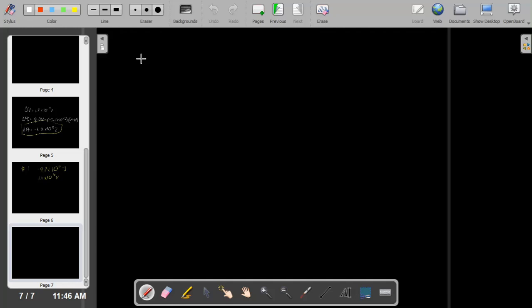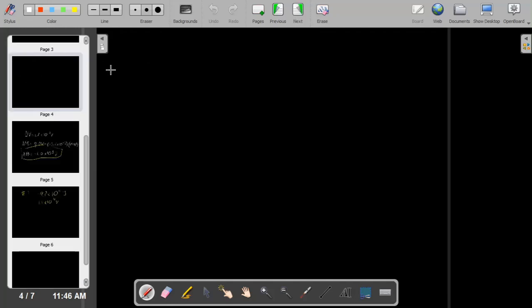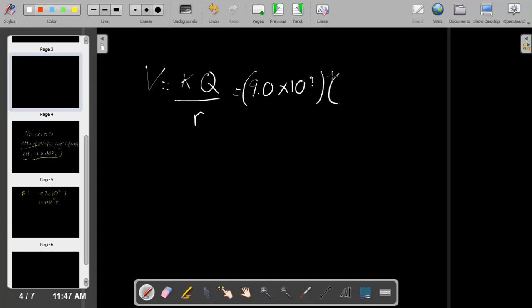The formula for electric potential equals our Coulomb's constant times our stationary charge divided by our distance. We have everything we need. So this is 9.0 times 10 to the 9, multiplied by our stationary charge. There was only one charge that was stationary, 4.0 coulombs.